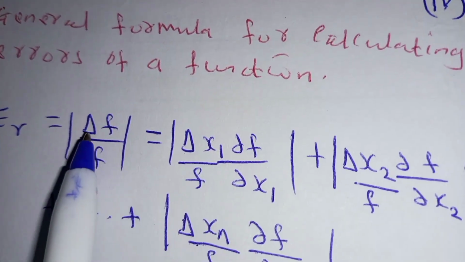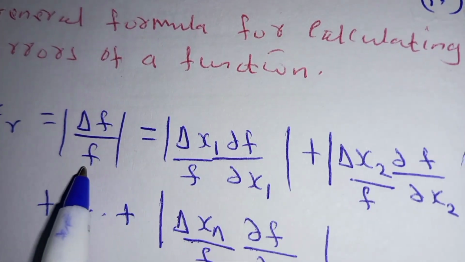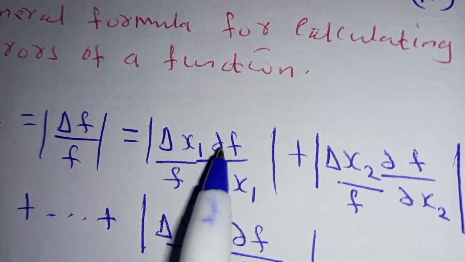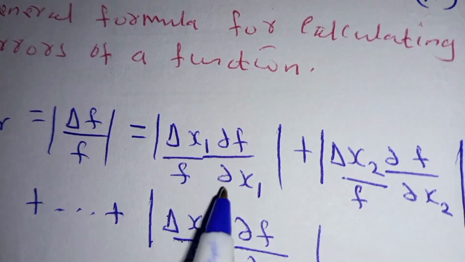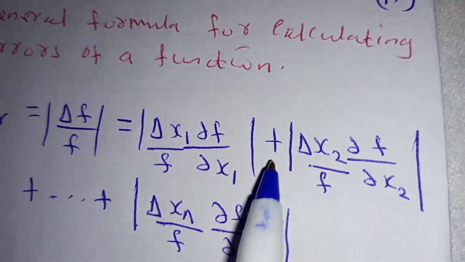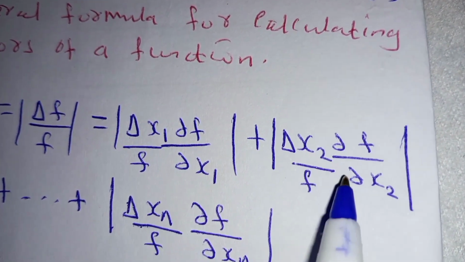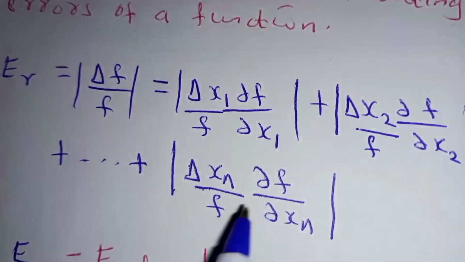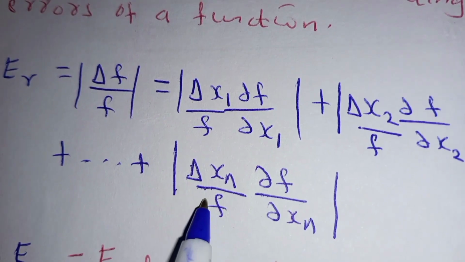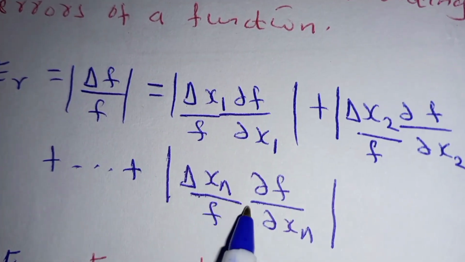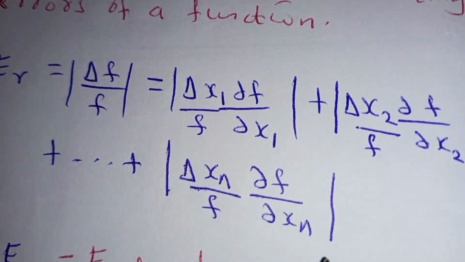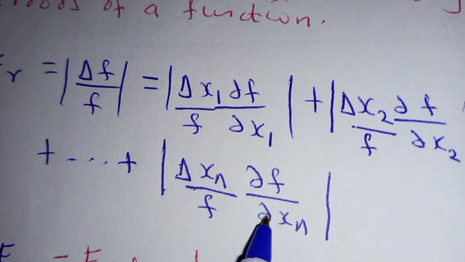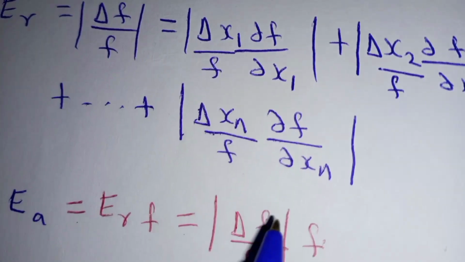So the modulus of the error in f divided by the function f is the same as small change in x1 times partial derivative of f with respect to x1 divided by the function, plus small change in x2 times partial derivative of f with respect to x2 divided by f, all the way to the last part, which is small change in xn multiplied by partial derivative of f with respect to xn divided by the function f.